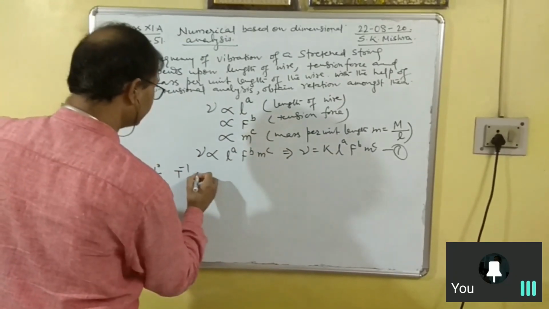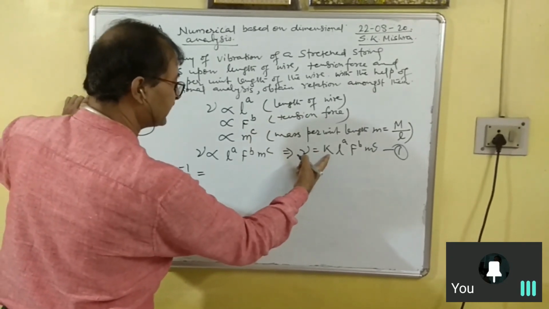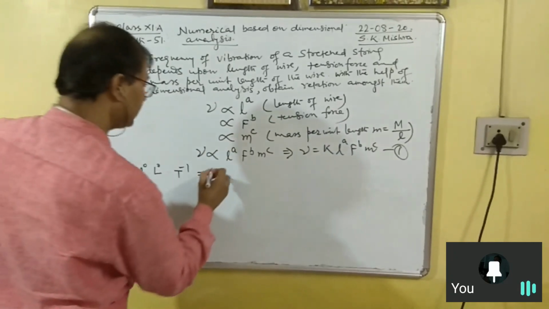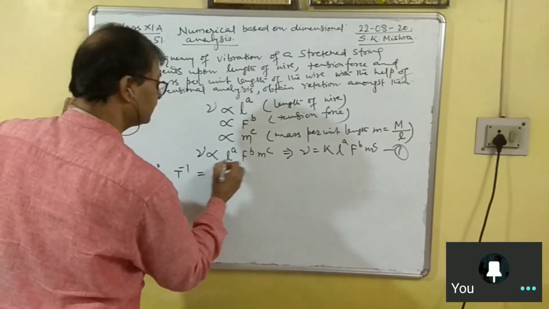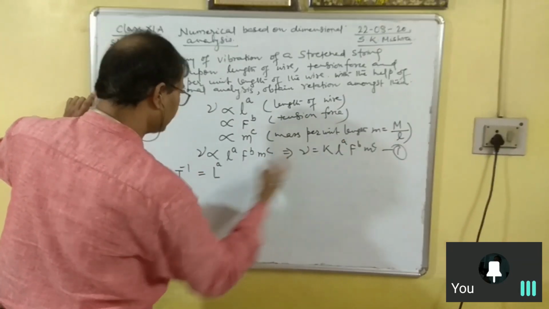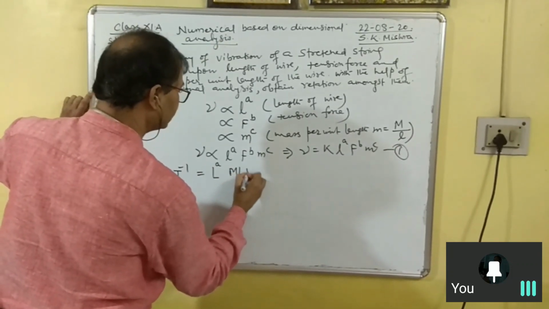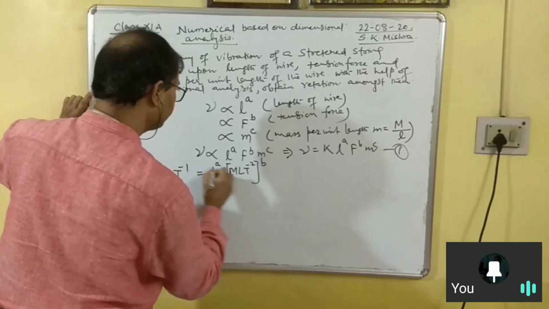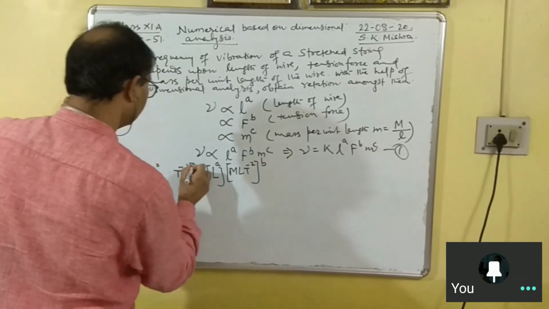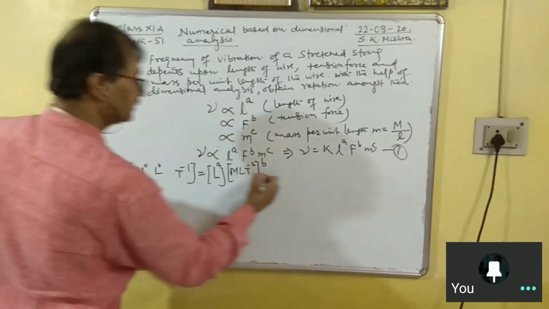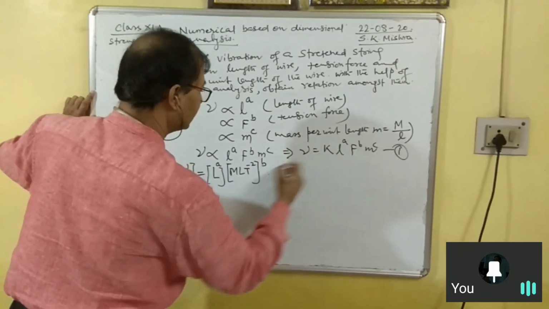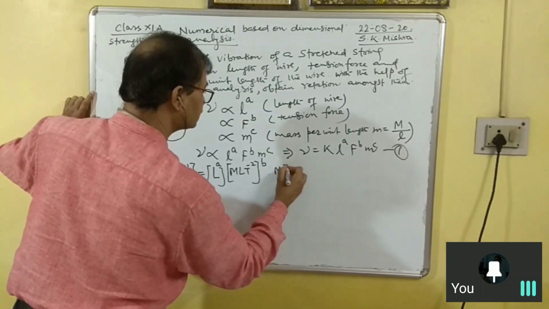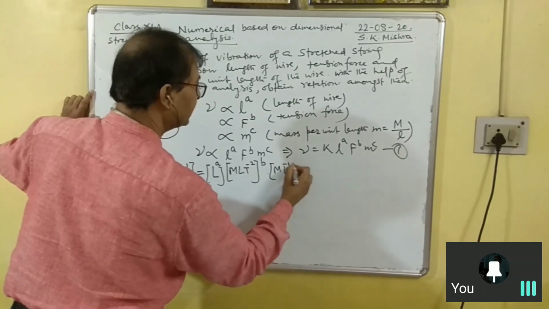And on the RHS, there is no dimension for K, and then L raised to A means this L, and then F is force. So force is M L T minus 2 raised to B, and then mass per unit length, which is M by L. So I write M L raised to minus 1, raised to C.